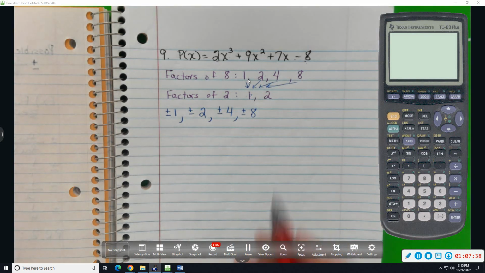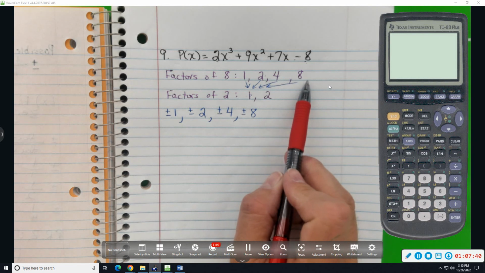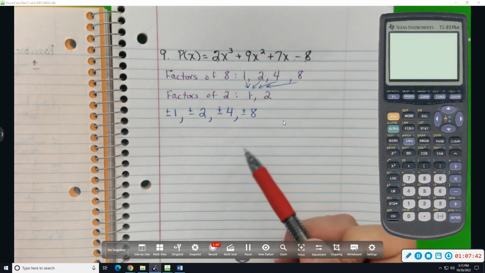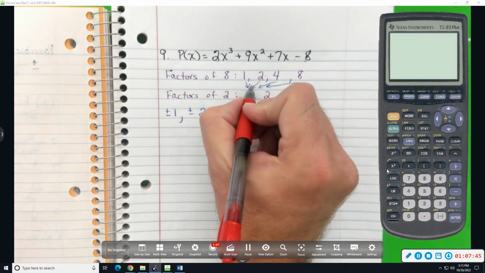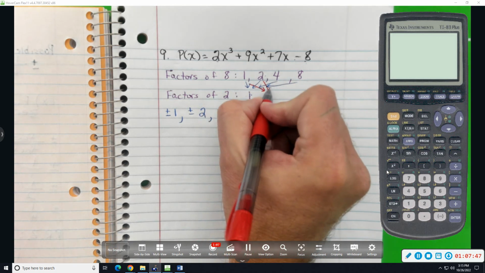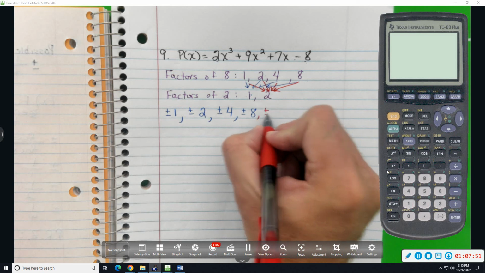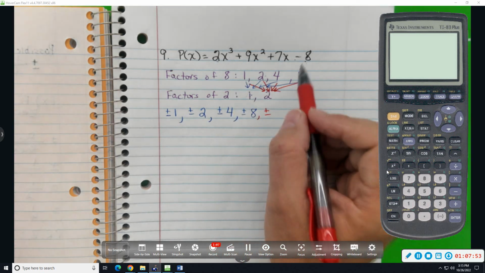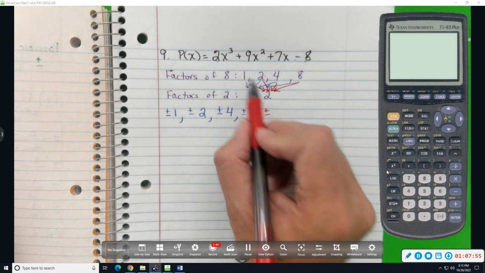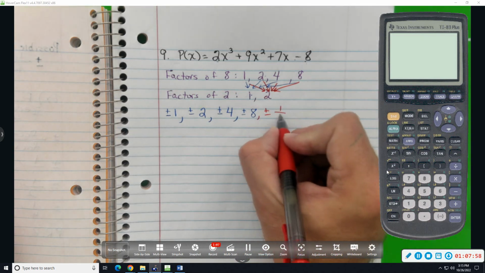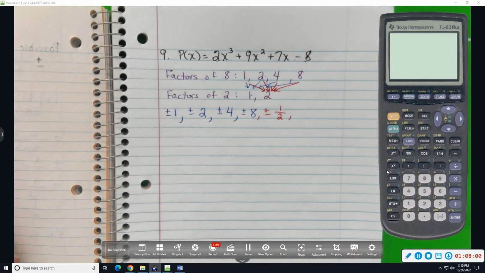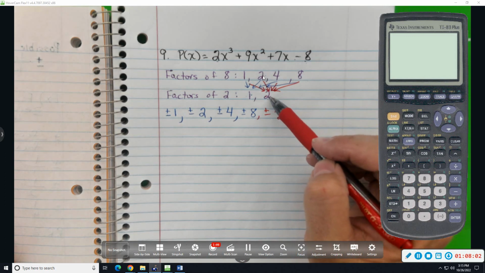Now, take each one of these numbers and put them over what? 2. So we start off with 1 over 2, which is just 1 over 2. We can't reduce that. Then we go 2 over 2.